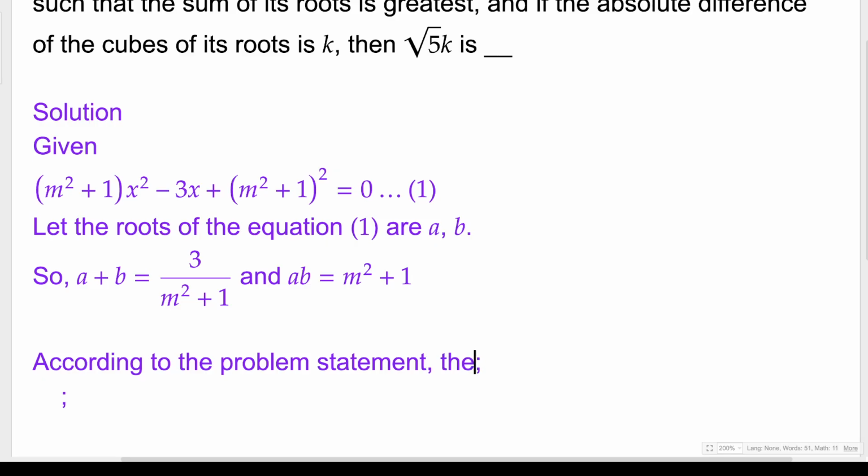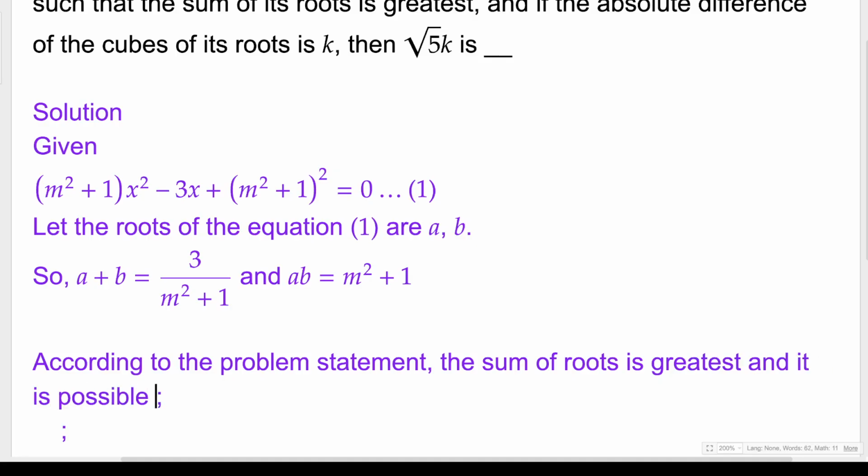It says that the sum of roots is greatest, that means this is the largest, and it is possible only when m² + 1 is minimum. You can observe that a + b is equal to 3 over (m² + 1).